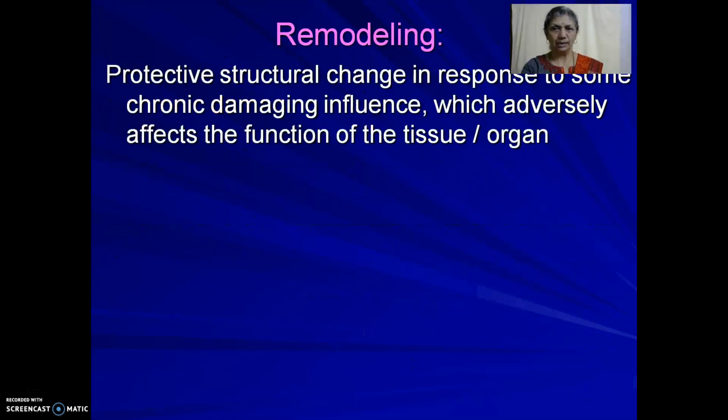So what is this remodeling? We already saw that remodeling is a protective structural change in response to some chronic damaging influence. However, this protective structural change does not help the tissue or organ to function better. In fact, it adversely affects the function of the tissue or organ which undergoes this remodeling.